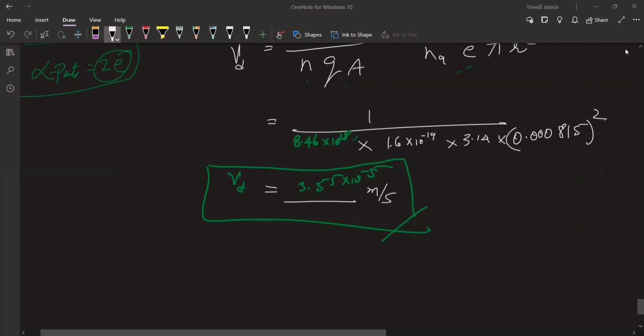Understood? Calculate and check. Are we getting the same values?